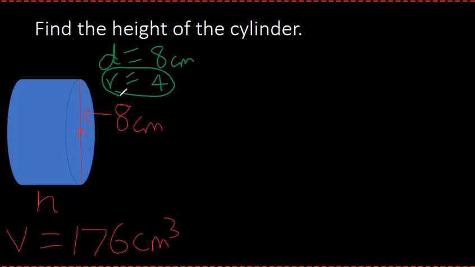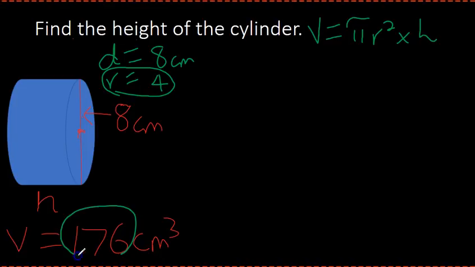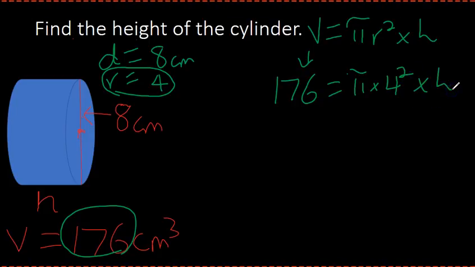So we start with the volume is the area of the base, which is pi radius squared, times the height. And then we can replace the volume. We are given the volume, so we can replace V with it. So that equals pi times the radius, 4, squared, times the height, which we are looking for, so we can keep it.